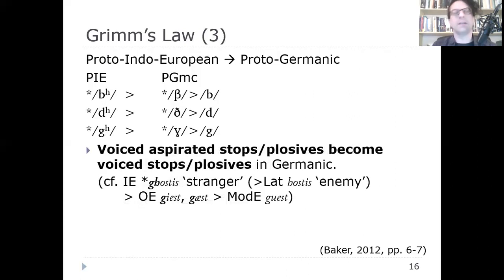And thirdly, there's another series of sounds, again three consonant sounds that changed systematically. Now, the original sounds here in what I call Grimm's Law Part 3, these three sounds are a little bit harder to reconstruct, but it's pretty clear that they must have been something like voiced aspirated plosives.